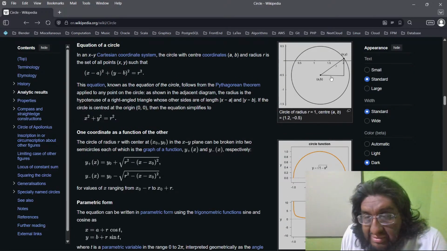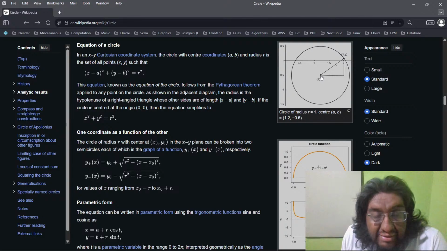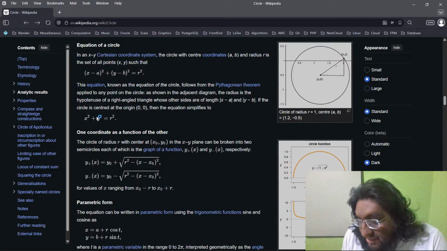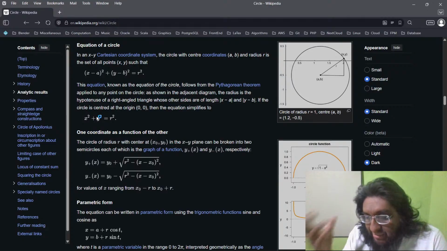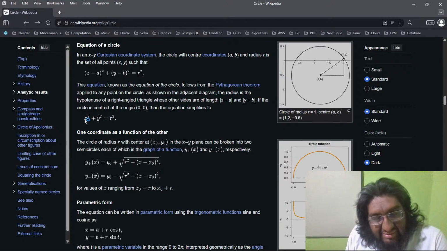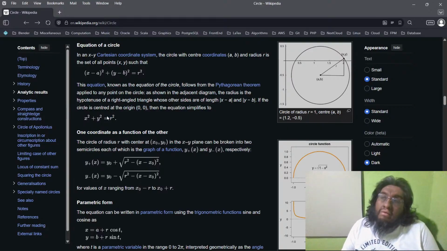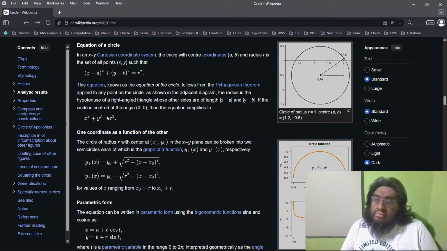So we have the center. Yes, we have. Maybe we can use this. How can you include the rotation in this? Well, you can include the rotation, but it will not be straightforward.